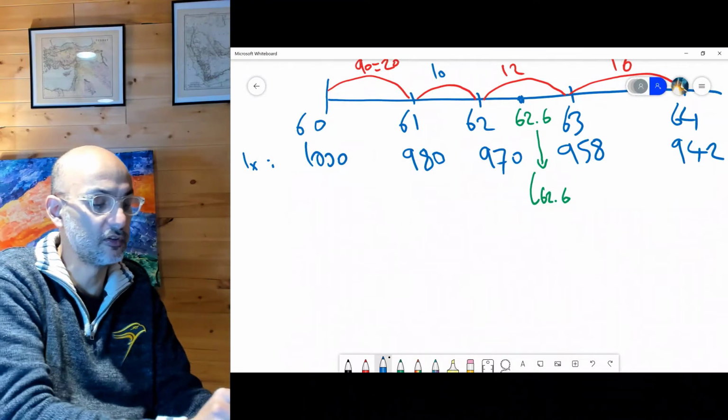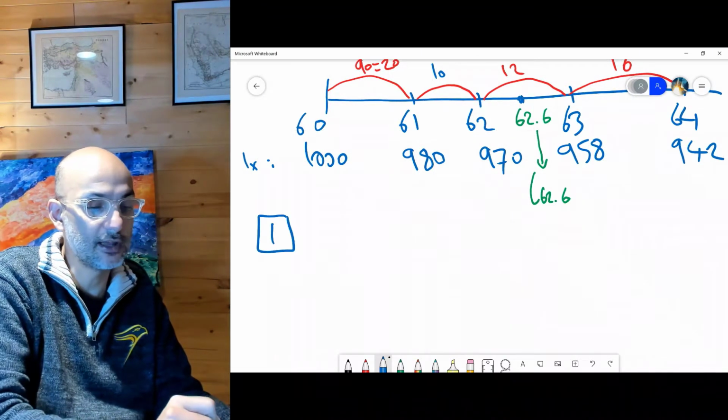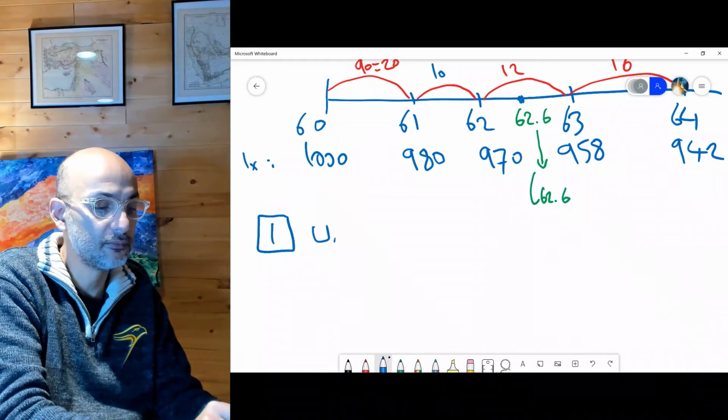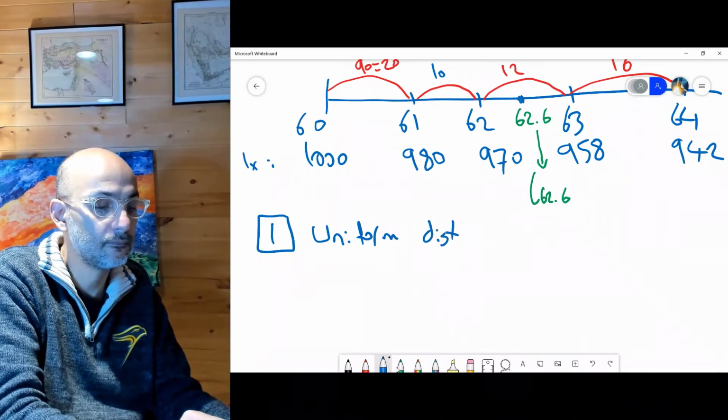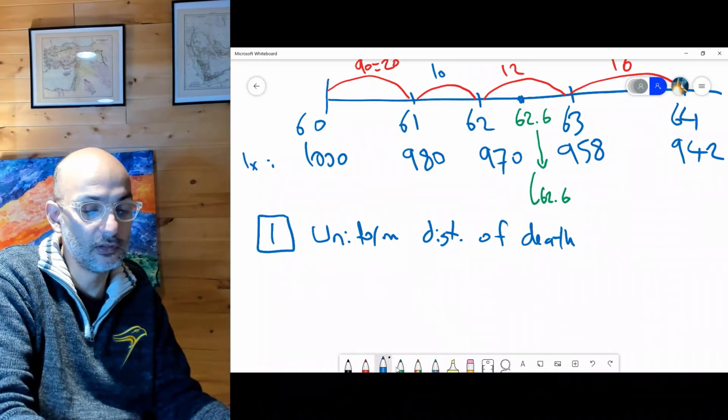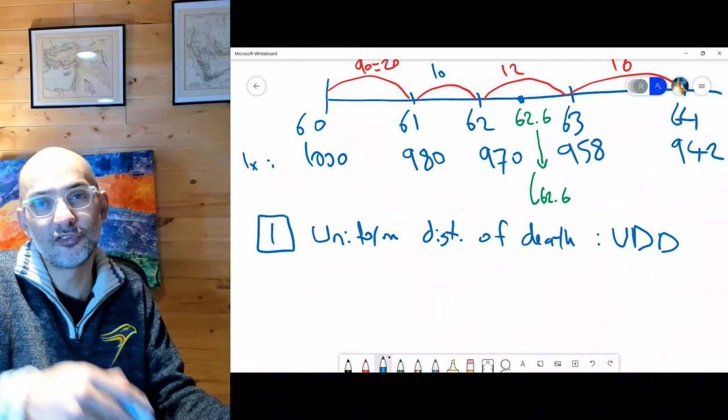There are two assumptions to compute this one. One is we can compute the fractional age using the uniform distribution of death. We will use UDD, and this is not the same uniform distribution we looked at.